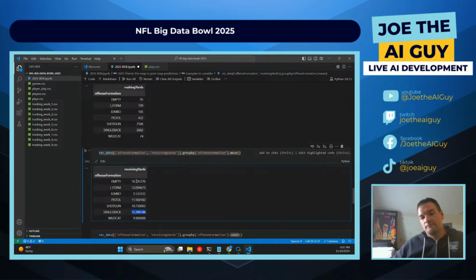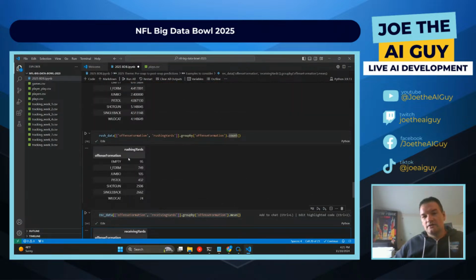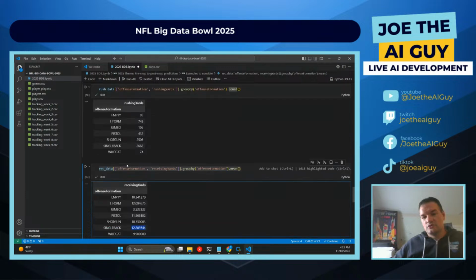So once the defense is keyed in, it's far more likely to be running here. You can use play action and take advantage of this, and that's why you're seeing an increase. And then shotgun, the inverse is true. Defenses seem to prepare for passes.